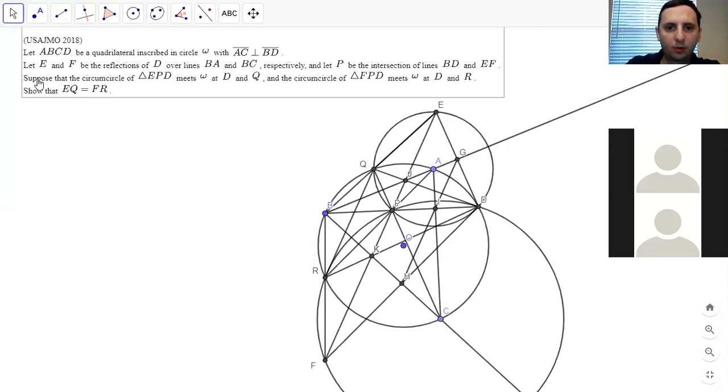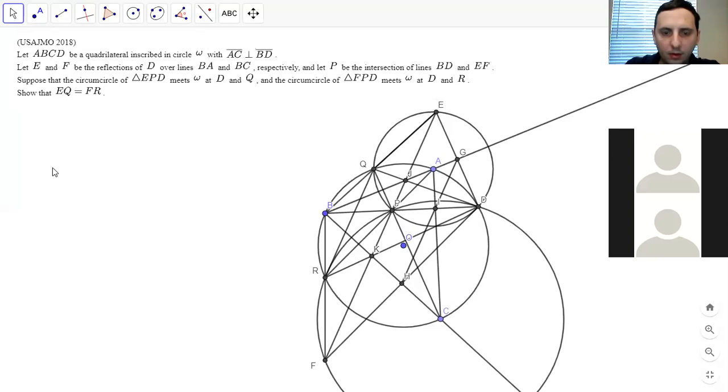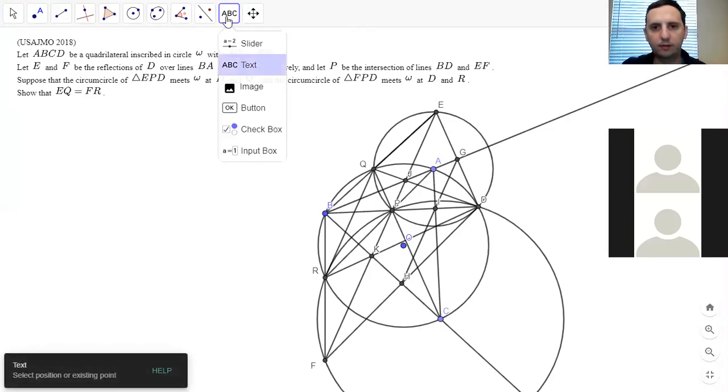Okay, so let's see, what's the best way to start? So first, GIH is the Simpson line of D with respect to triangle ABC. So I'll say let G and H be the midpoints of DE and DF.